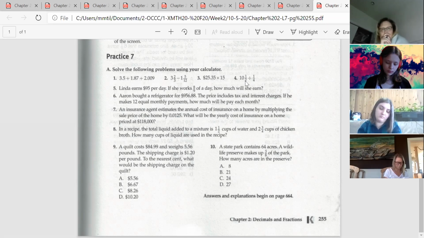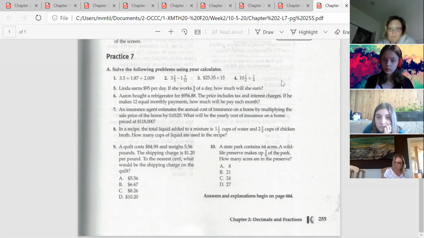Remember on this one, 10 and 1/2 divided by 1/4, what would you do in that one? What do we say when we're dividing by a fraction? Remember, we're going to flip and multiply, right? That's the same thing.